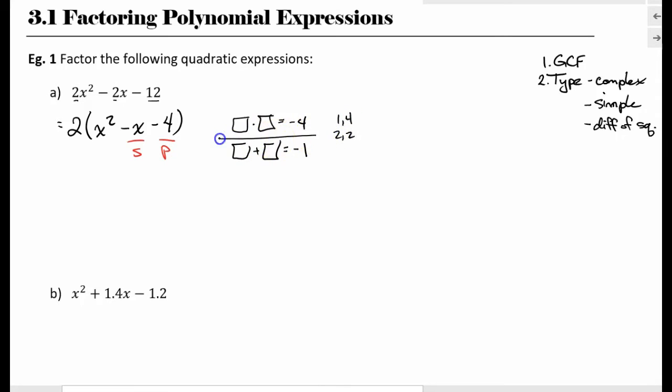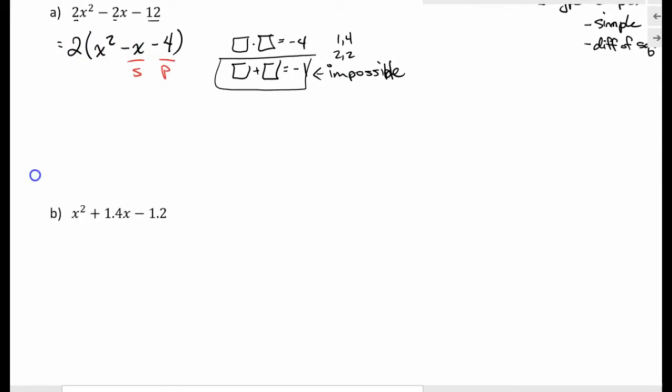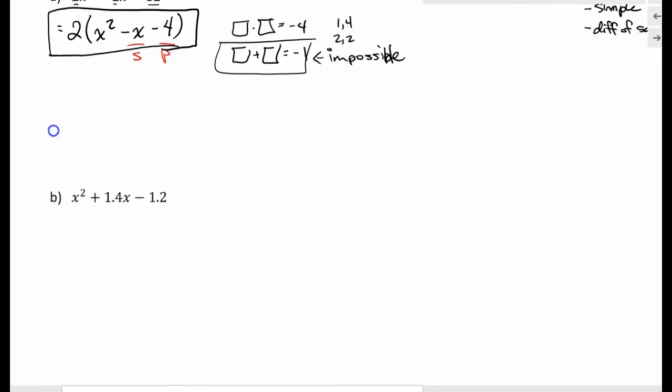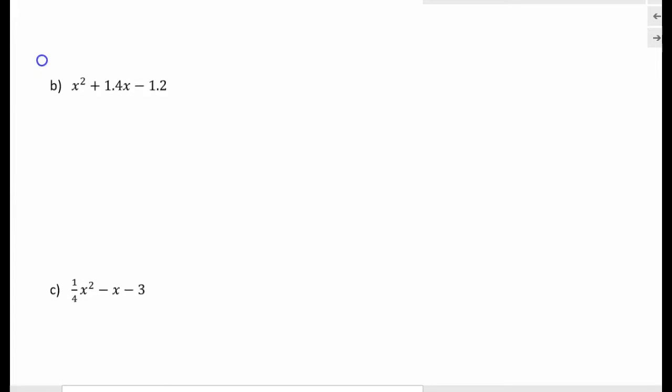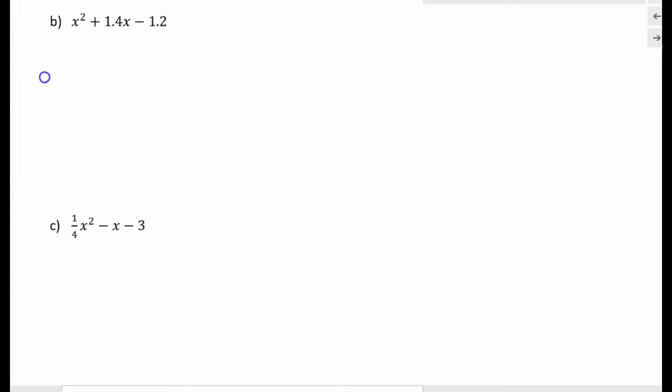And in no scenario can this happen. So we would say that this part, our trinomial there, is prime. And so we're actually just dealing with the 2 and then x squared minus x minus 4. And then we were done. So we wouldn't say that the whole thing is prime because it's not. I was able to factor it a bit, but not any further than that.